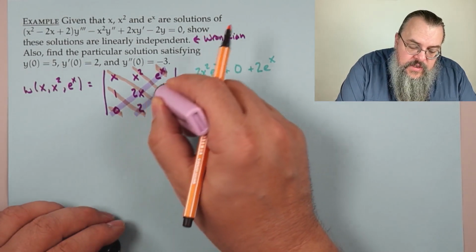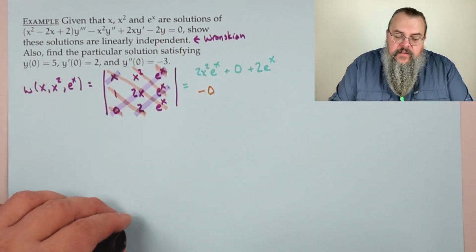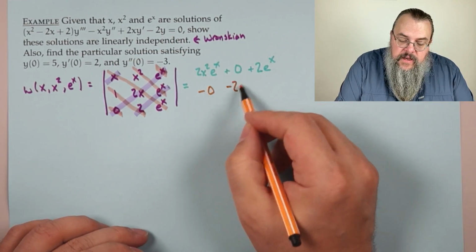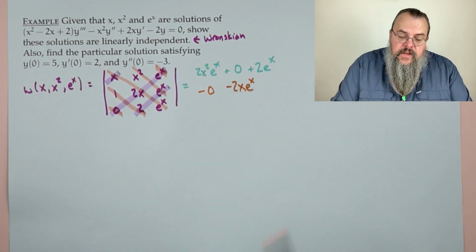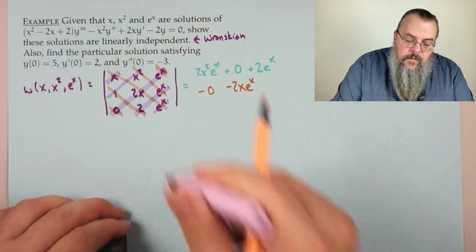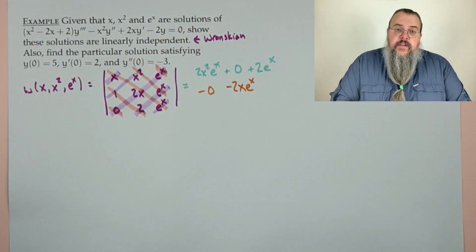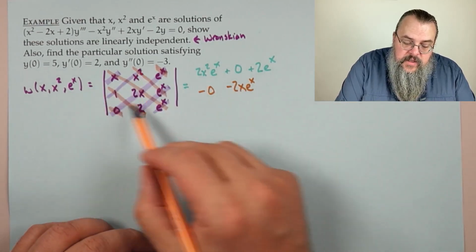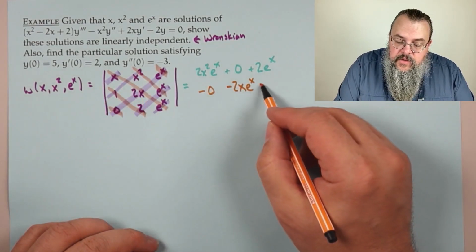Then 2 e to the x wrap around x. All right, so that's 2x e to the x. We'll subtract that. And finally, we'll have e to the x and 1 and x squared. Okay, great. So that's going to be x squared e to the x, and subtract it.